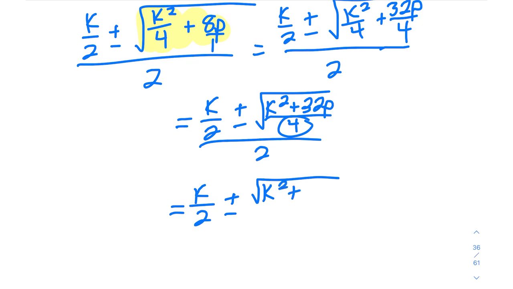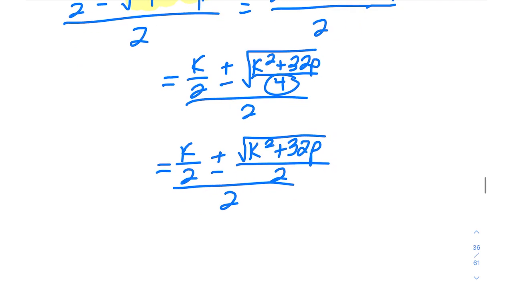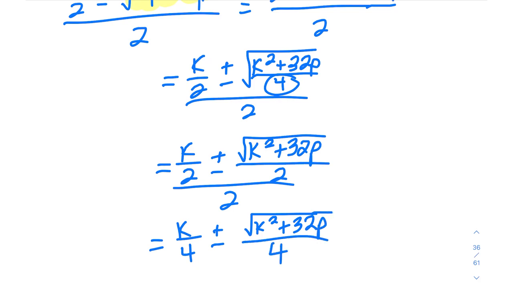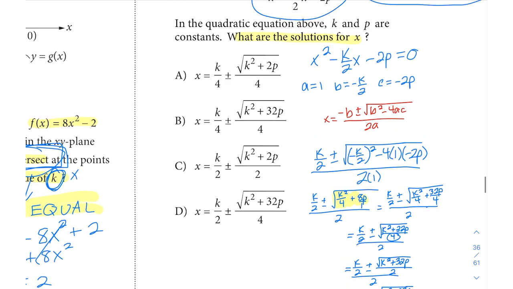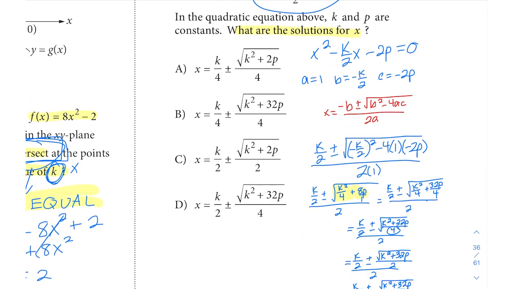So if we take the square root of that denominator, we get k over 2 plus or minus, and this will remain root k squared plus 32p. But no longer inside the root, we'll have a 2, the square root of that 4. And the whole thing is being divided by 2, which means we divide each term by 2. Dividing by 2 just means you're doubling your denominator. So this will end up as k over 4 plus or minus square root of k squared plus 32p over 4.